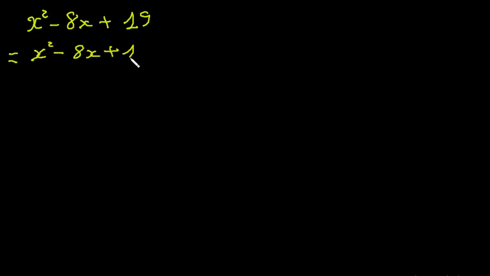This is how you can find the line of symmetry. Now we'll move into some examples to understand more about the topic. I have the equation x squared minus 8x plus 19. To draw the graph of this one, first we have to complete the square. x squared minus 8x plus 16 plus 3 equals (x minus 4) squared plus 3.